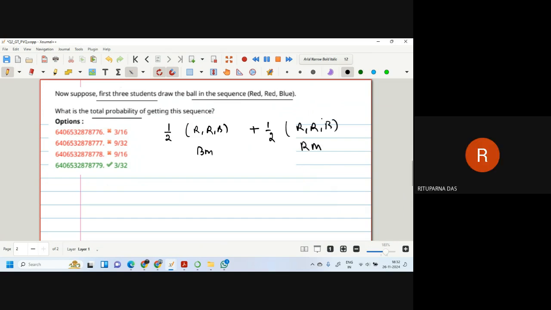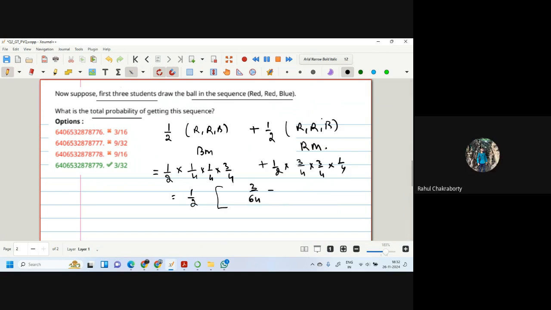So this will become half into 1 by 4 into 1 by 4 into 3 by 4, and 3 by 4, 3 by 4, 1 by 4. So this will become half into 3 by 64 plus 9 by 64, which is half into 12 by 64, which is 3 by 32. Is that okay? Yes. Agreed.